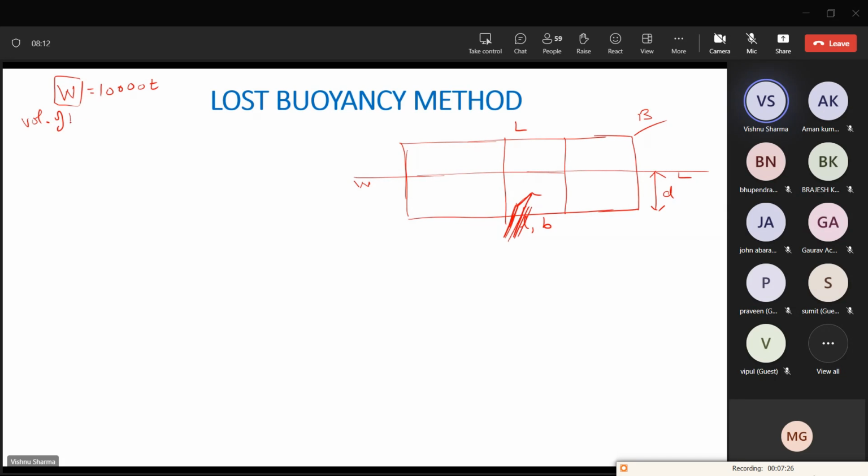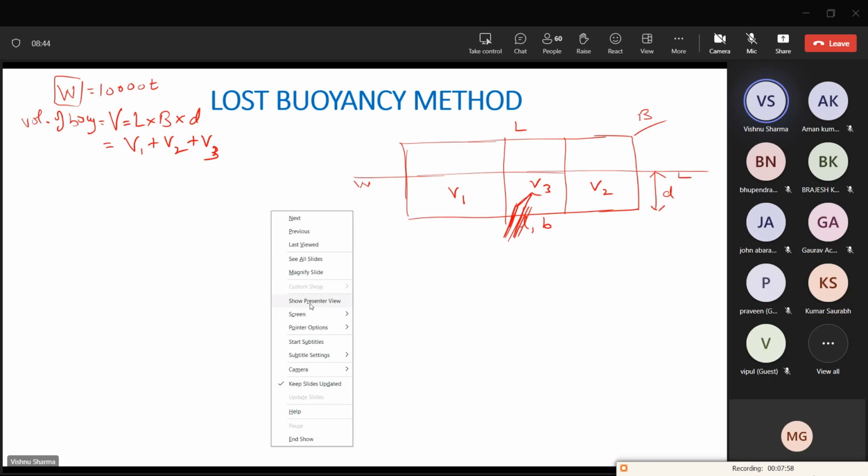Volume of buoyancy is V, which is LBD, and that is the sum total of V1, V2, and V3. Yes or no, beta? Correct, guys? Yes. Okay. Now, when the compartment gets bilged, the water finds its way into this compartment.